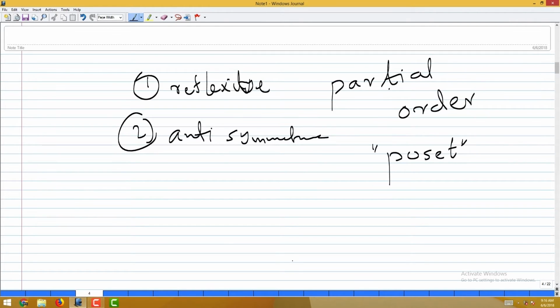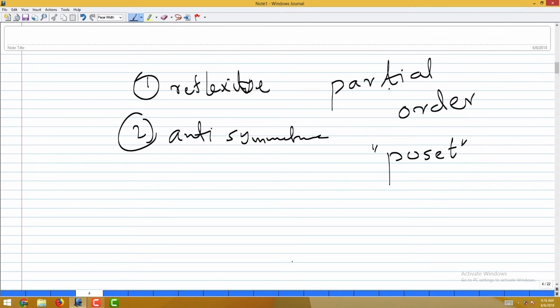Antisymmetric means what? In terms of graphs, what will it correspond to? Yeah, only one direction, i to j or j to i, not both, right. So, if you have an undirected edge, you can give only one orientation to that, either from i to j or j to i. You should not put both, like in the other case you put both because it was symmetric, right.